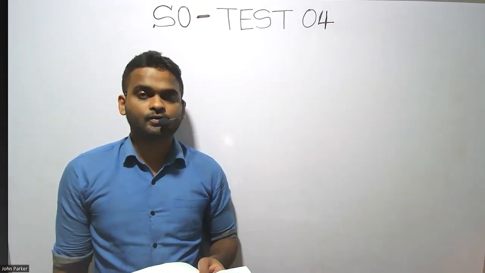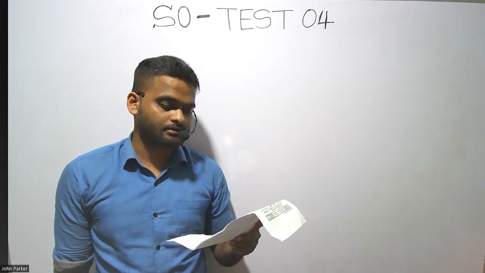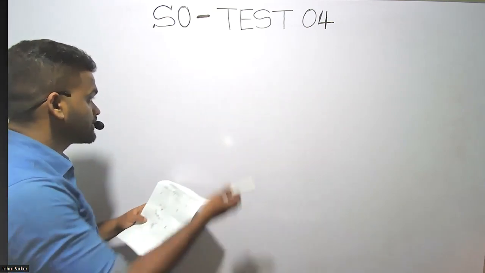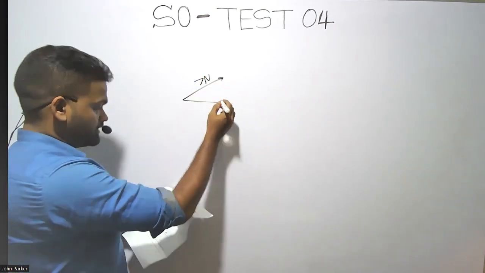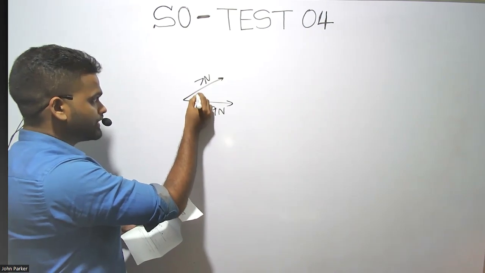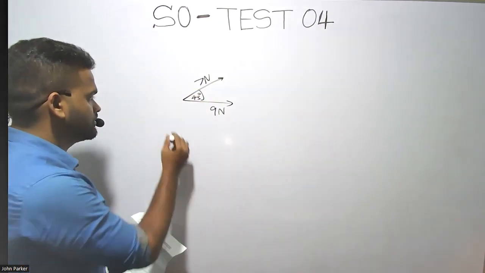Fifth one, what is the magnitude of resultant of following system accurate to 2 decimal points? Right, so we have given 7 Newton, 9 Newton, and here it is 45 degrees. So you can simply use parallelogram equation.